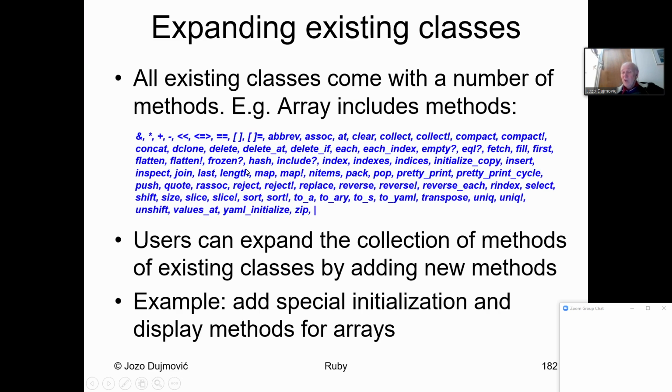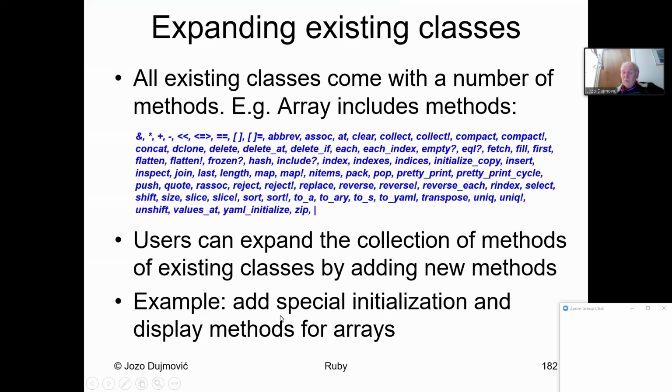Then you have to see in the documentation of Ruby what they do. But before you start using arrays, it is good to see how these functions work. Some of them are self-evident. For example, empty? with a question mark is obviously the recognizer of whether an array is empty.